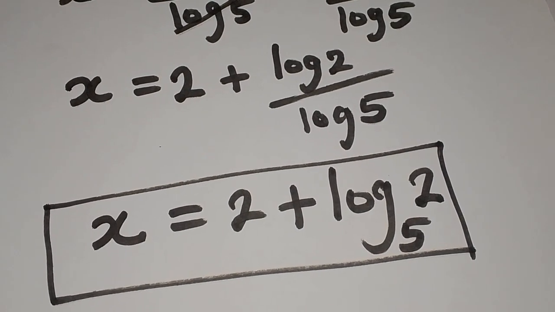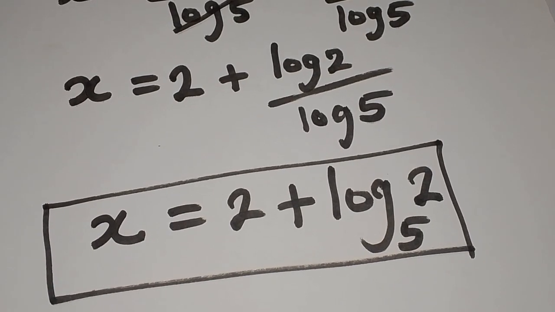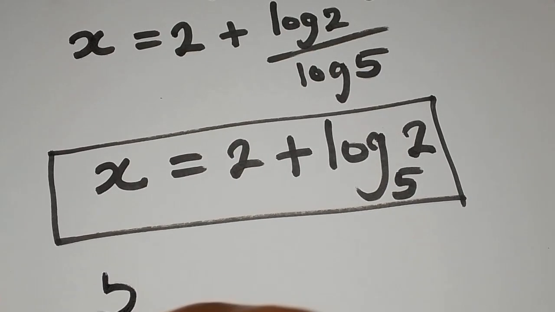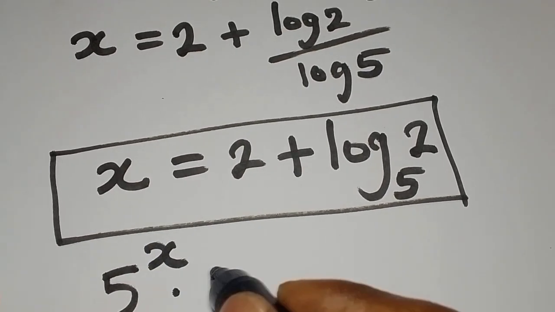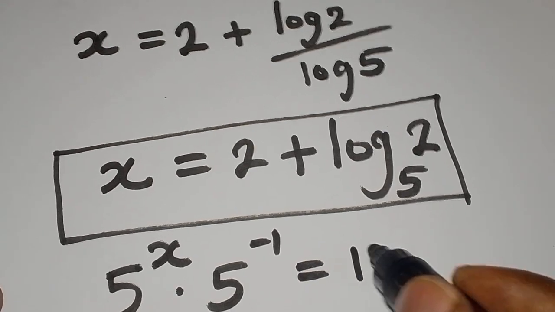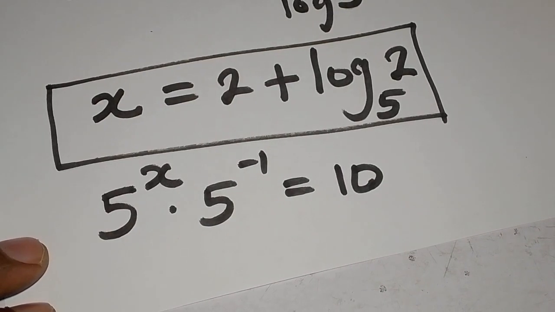We don't want to have a decimal number, but we want to verify what we have done. The given equation is 5 to the power of x times 5 to the power of -1 equals 10. Now let's continue with this.